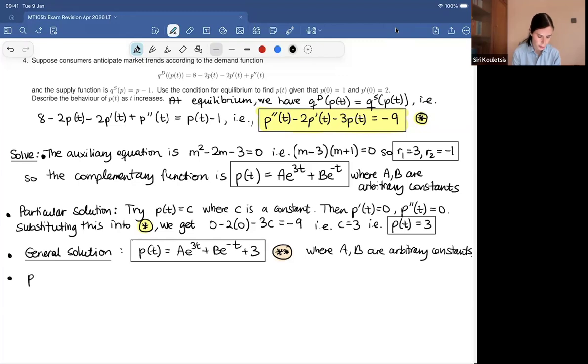So we are going to need P prime of t, and so let's differentiate P of t here as a first step, and then we'll use P of 0 equals 1 and P prime of 0 equals 2 to find the values of A and B. So that's P prime of t.